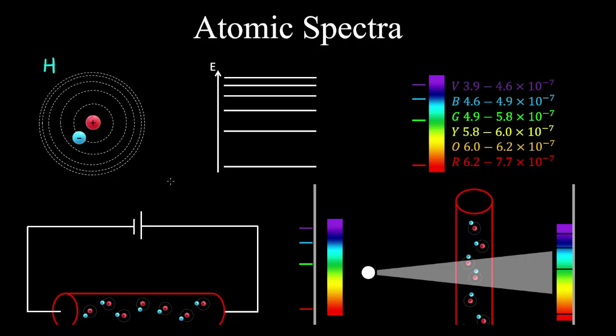So recall that using the Balmer-Rydberg formula, we determine the wavelengths of the emitted photons for hydrogen, where the hydrogen atom transitions from higher energy states to energy state 2. So in that case, where the electron jumps from energy level 3 to 2, we see a wavelength of visible light.